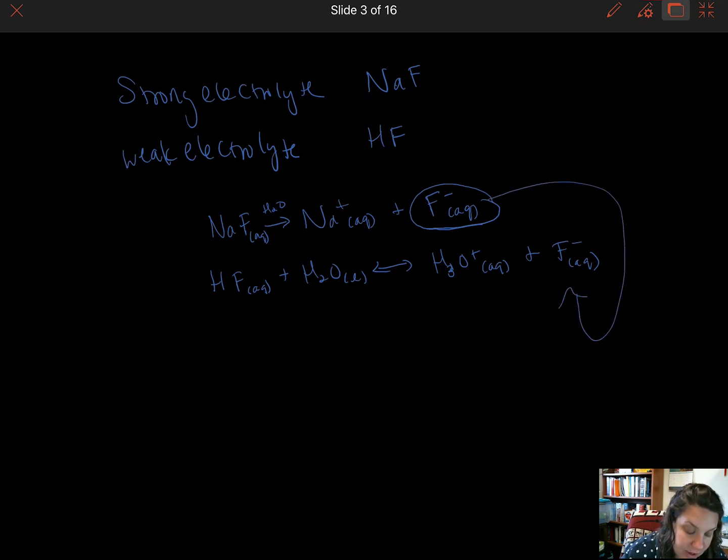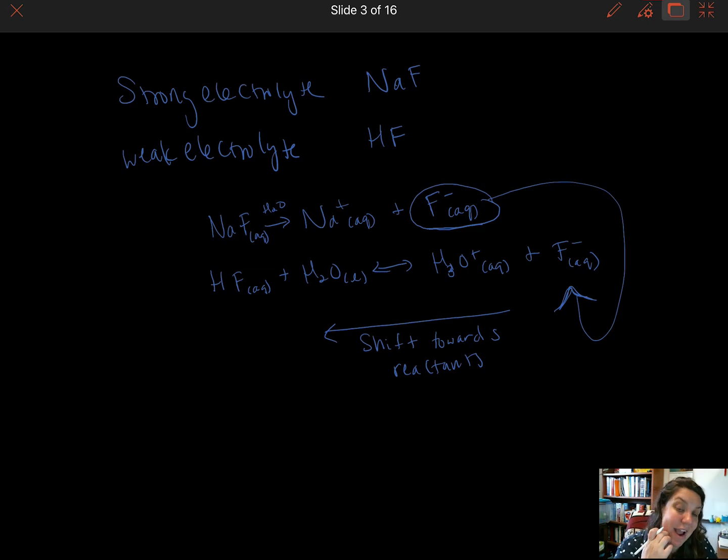Because of that, it will add in on the right side of the equilibrium process and cause a shift in this direction. So we will shift towards our reactants. So in the case of a weak acid or a weak base, this will decrease the amount of dissociation that we'll see.